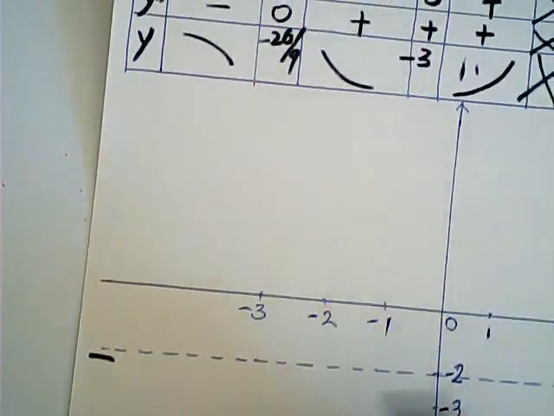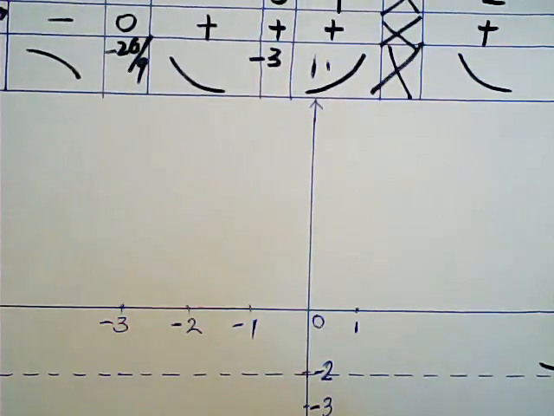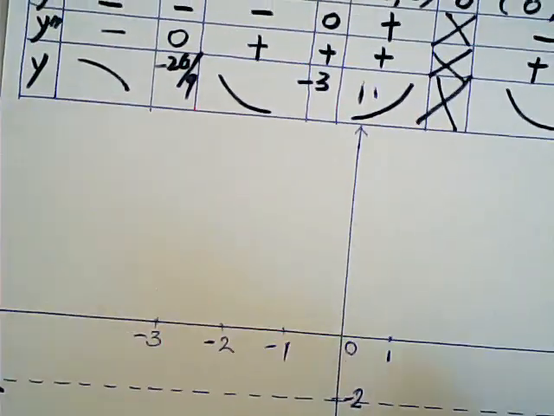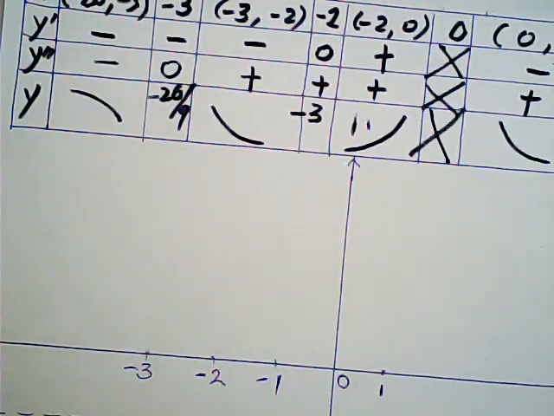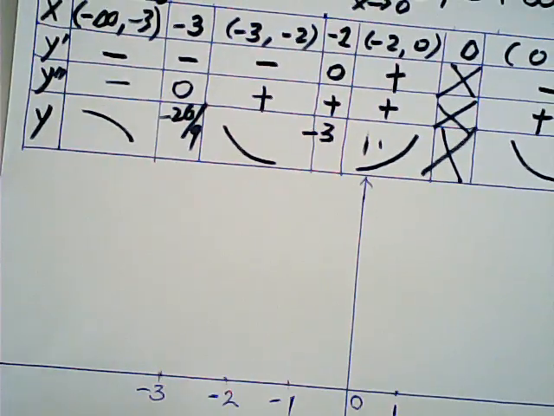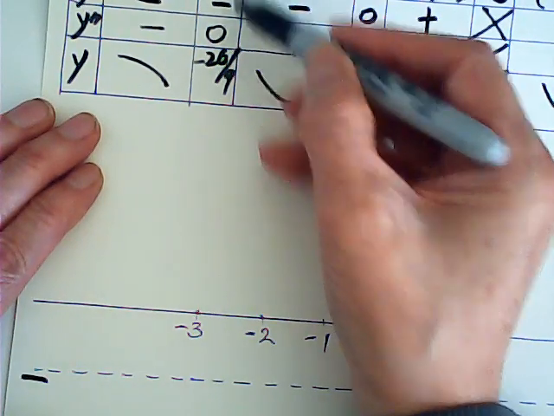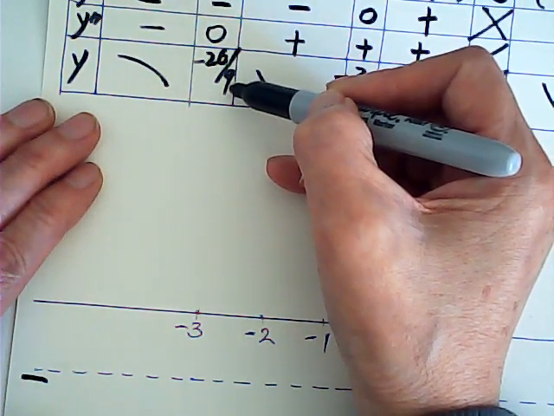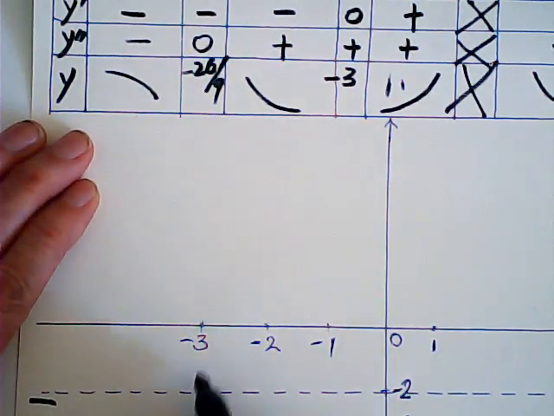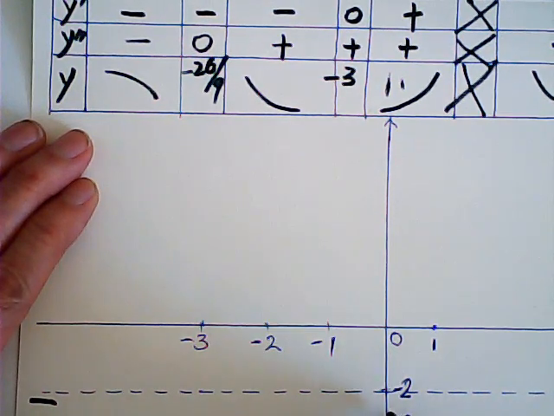So these are pieces of information that give you the clue of how to sketch the curve. And then we plot the points. At -3, according to this one, y is 2 point something, somewhere here.